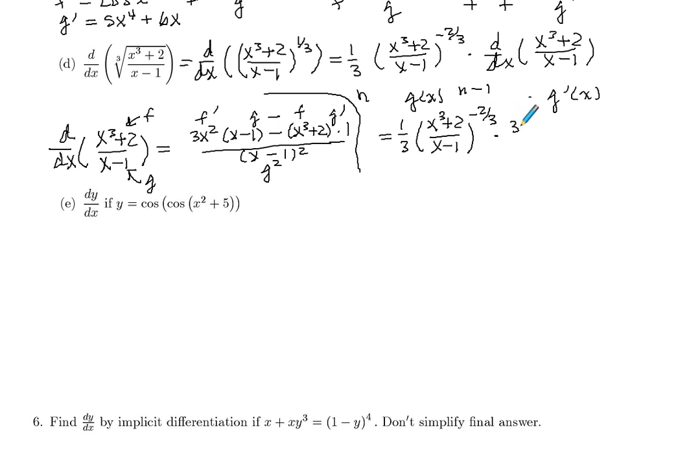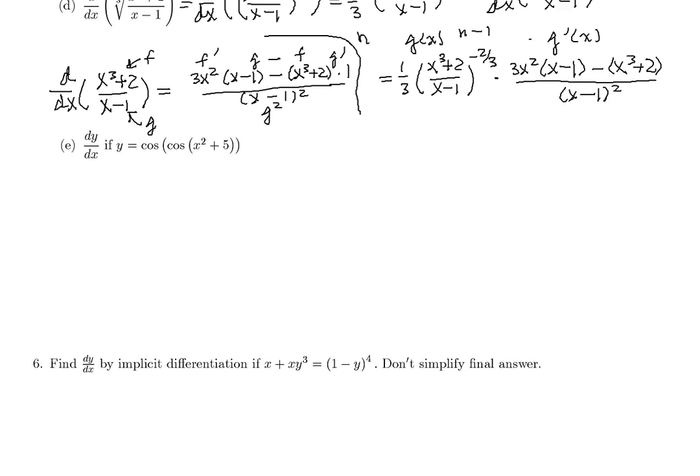Just leave it 3x squared times (x minus 1) minus your (x cubed plus 2). We don't need to do the times 1, we can leave that out. And then divide by (x minus 1) squared. Okay, we're not requiring any simplifying. All the differentiating is done. Once you take the derivative of the inside, we have a derivative. It's not simplified, but that's okay.